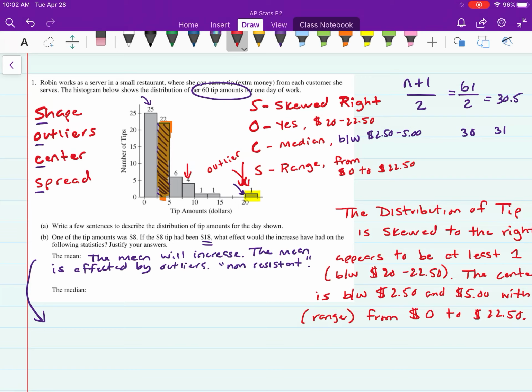Both of those are above the median. So switching a higher number to an even higher number is not going to affect the tips that are in the middle. So the median is going to stay the same. So the median will stay the same. And that's because the median and the stuff in the middle is not affected by outliers, and we say that that is resistant.